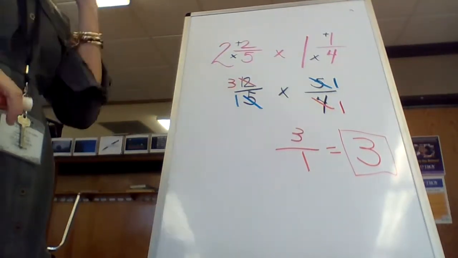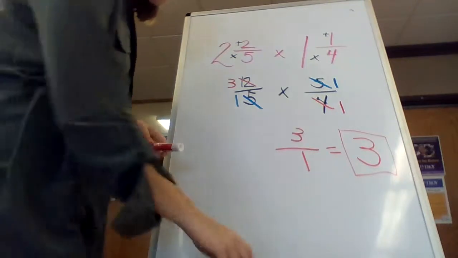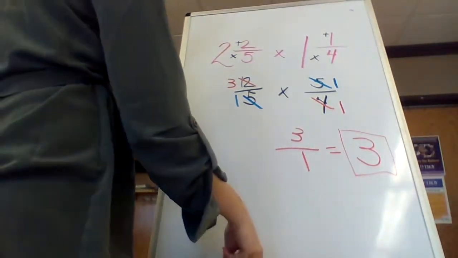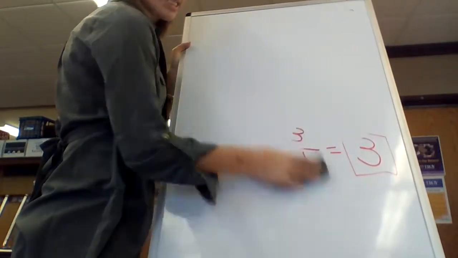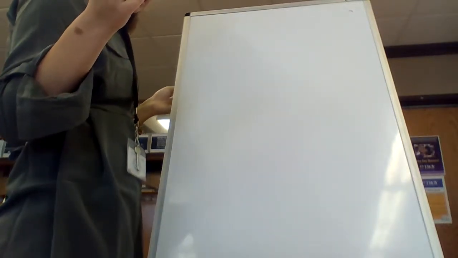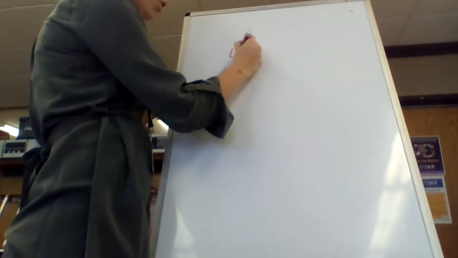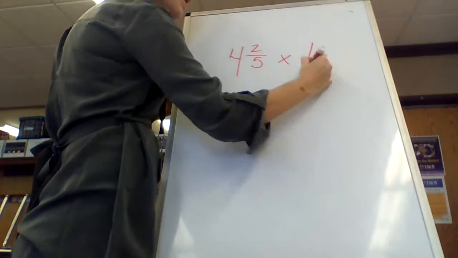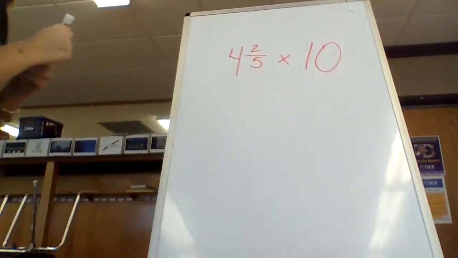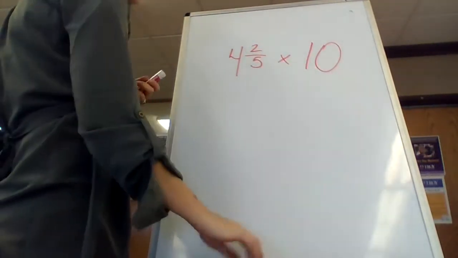I'm going to do number 9 with you, and then I'm signing off for the night, kiddos, okay? The directions for 9, 10, and 11 ask us to find the product. So let's do, what number did I say I wanted to do? Let's do number 9. 4 2/5 multiplied by 10. I see a mixed number.